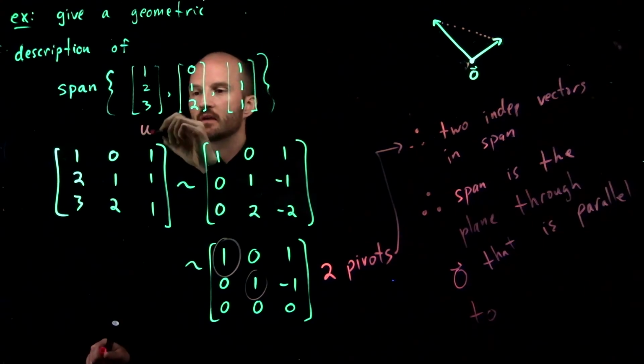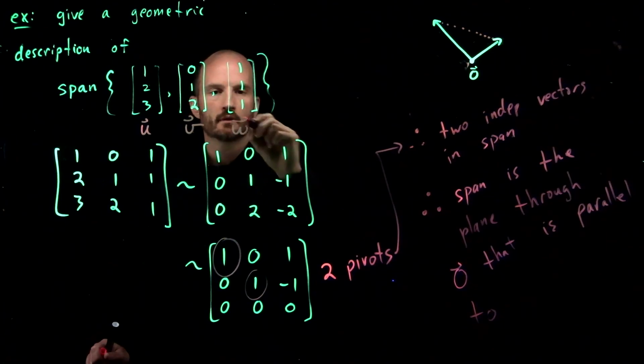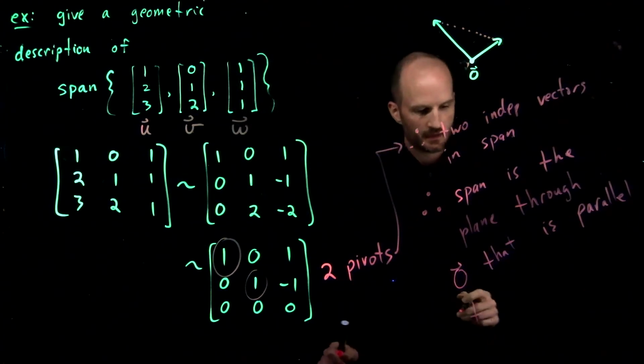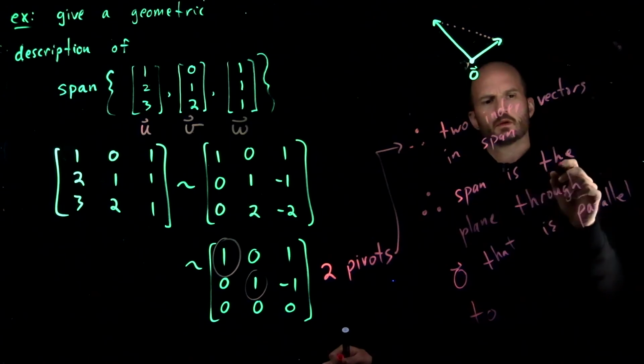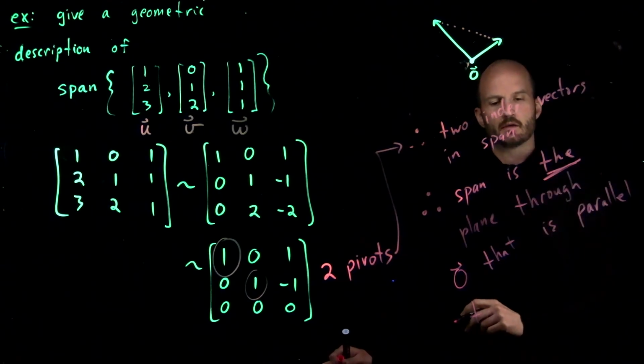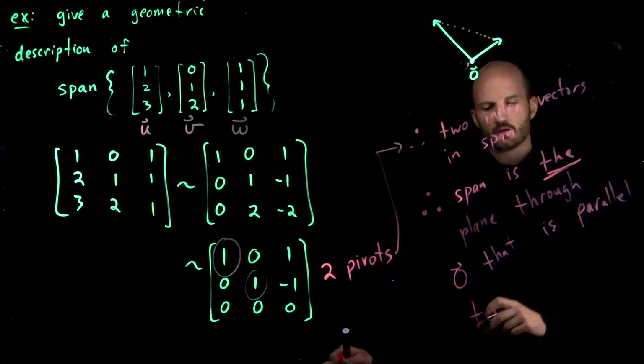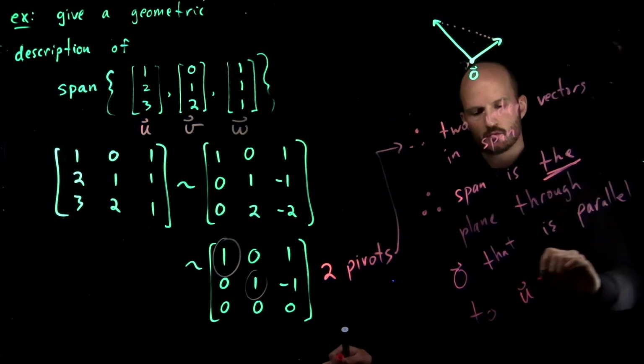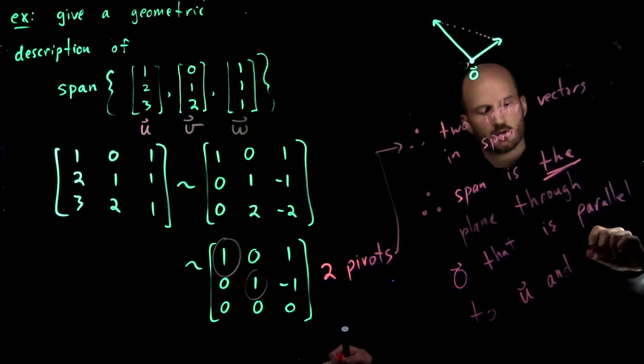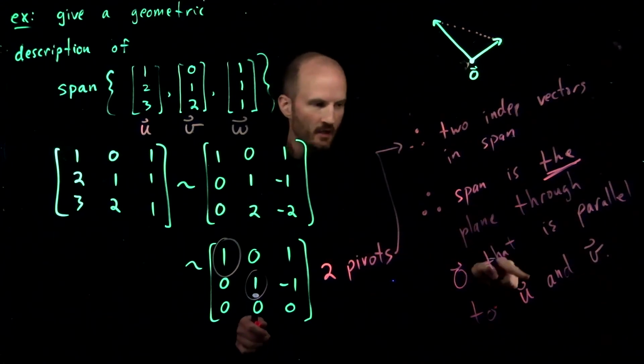So if I call these u, v, w, I could say that we're talking about the plane that goes through the origin and is parallel to u and v. Okay, so I went with u and v here.